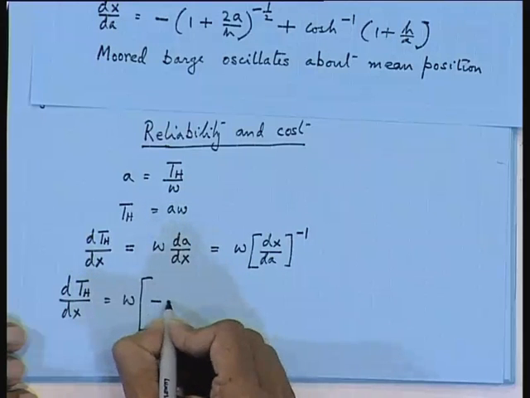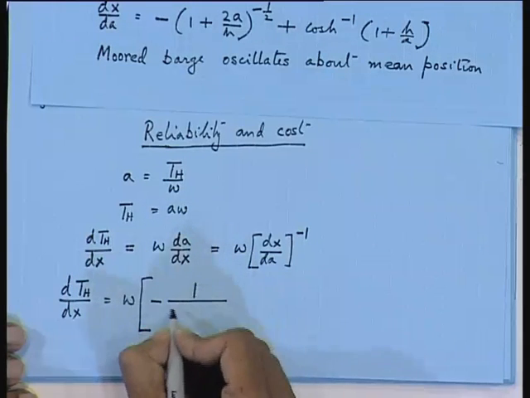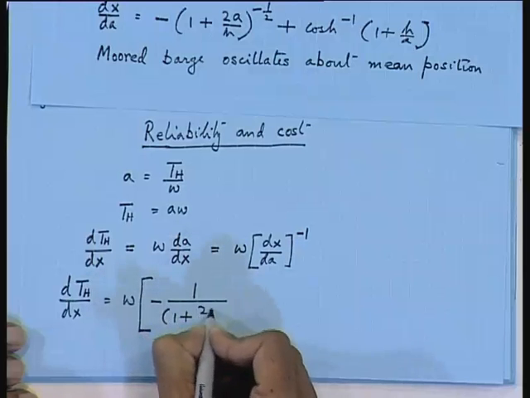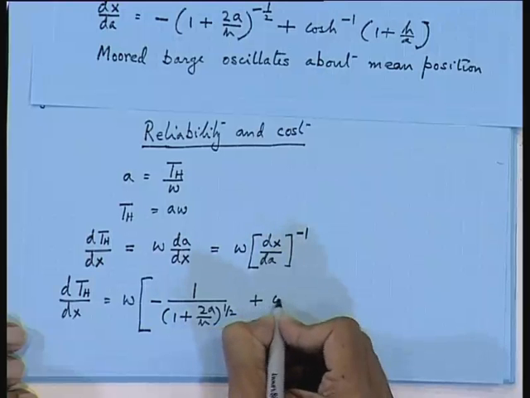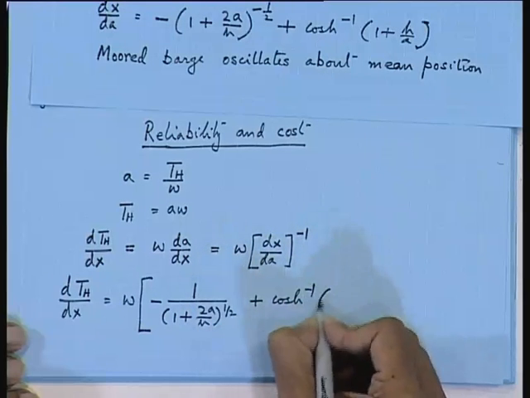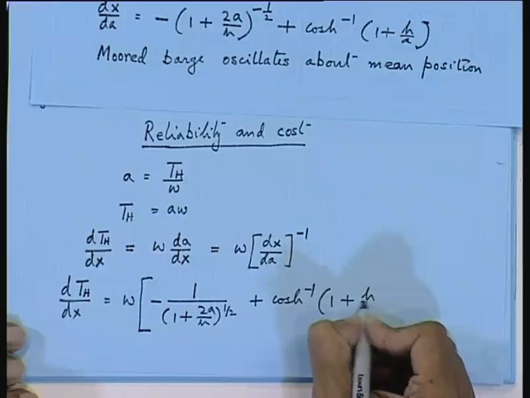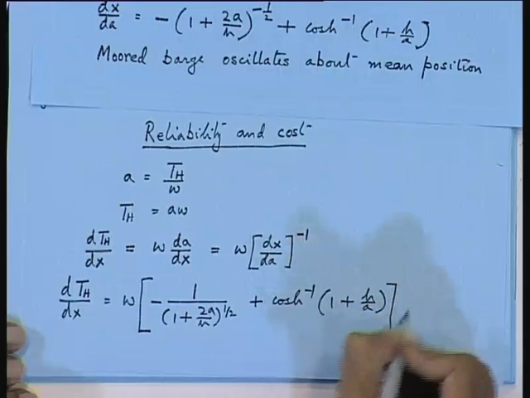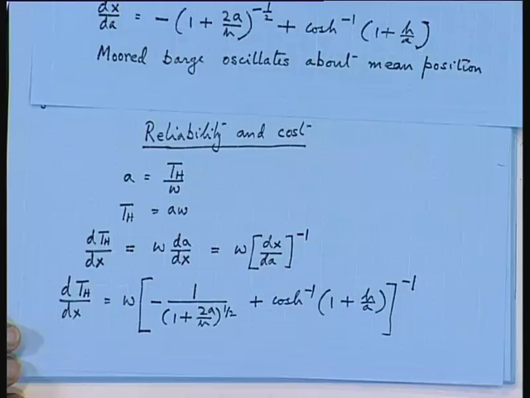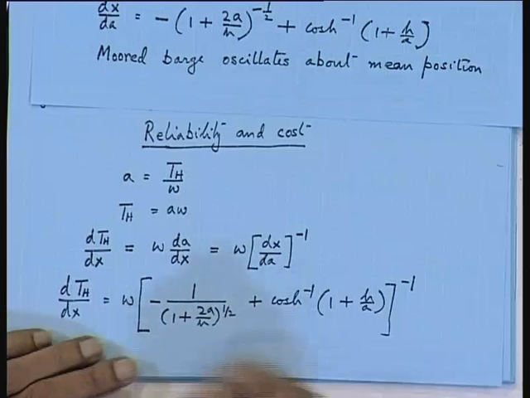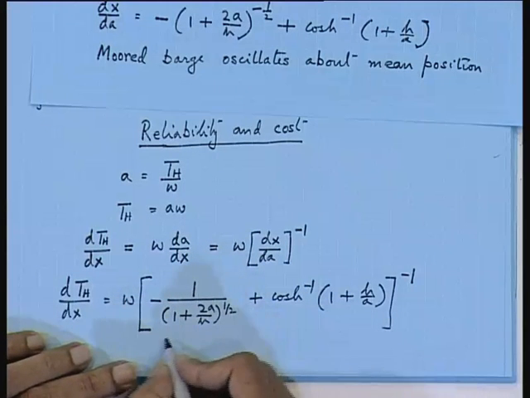So minus 1 over 1 plus 2AH to the power half plus cos hyperbolic of 1 plus HA. So this whole thing is to the power minus 1. So this is the analytical expression we have got for dTH by dx. Now we are going to use this expression. So this is called the analytical method.